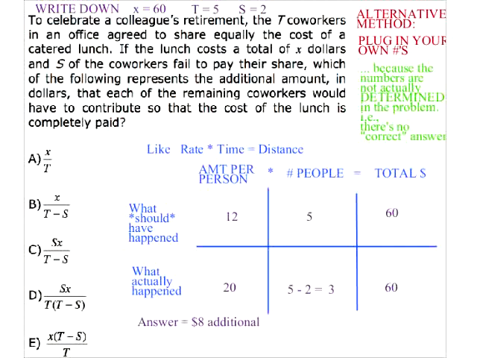If we plug into the choices, x over t is 60 over 5. This is not correct. This is 60 over 2. That's 60 over 3. That's not correct. This is 2 times 60 over 3. That doesn't work. This is 2 times 60 over 5 times 3.